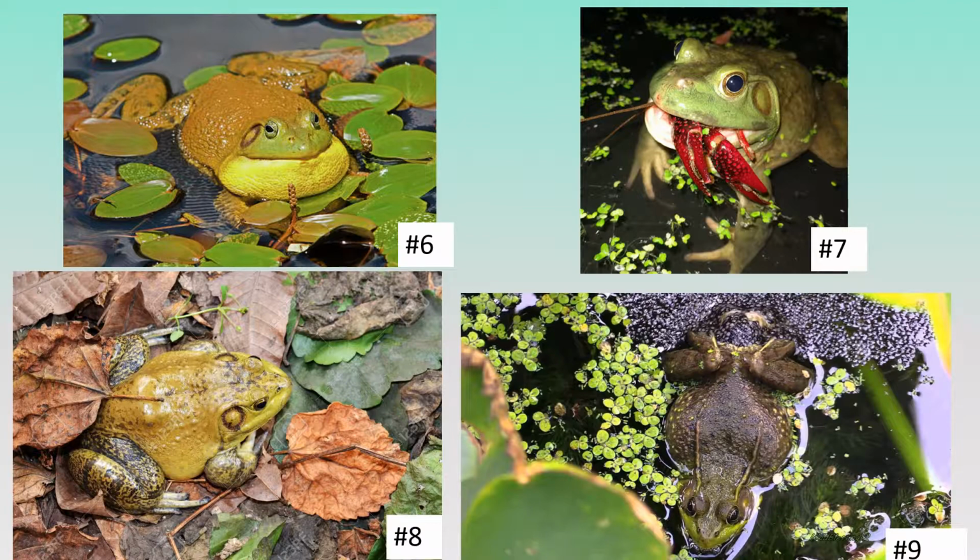Do you know, or can you see what number 9 is showing here? Okay, this is obviously a bullfrog. And then what is happening over here? She is laying eggs. She is depositing eggs. All right, this one, he's eating a crayfish. All right. Okay, I'm going to give you just another second or two. And let's move on to the last set of pictures.